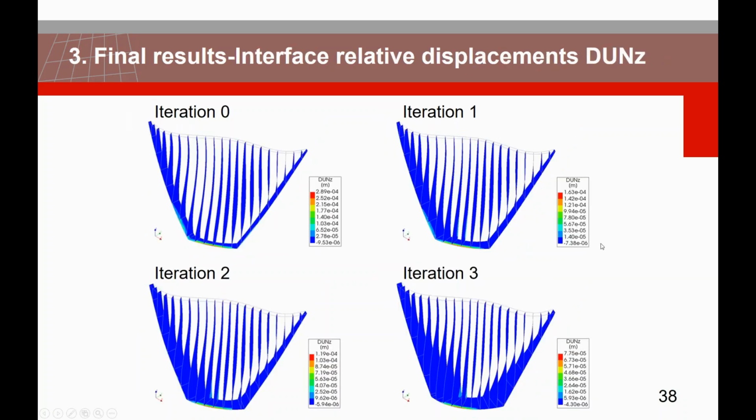And the last visualization of the results is the interface relative displacement DUNZ. Here you can see the openings of the interfaces, where in iteration 0 they are located around the dam base and the side rocks.